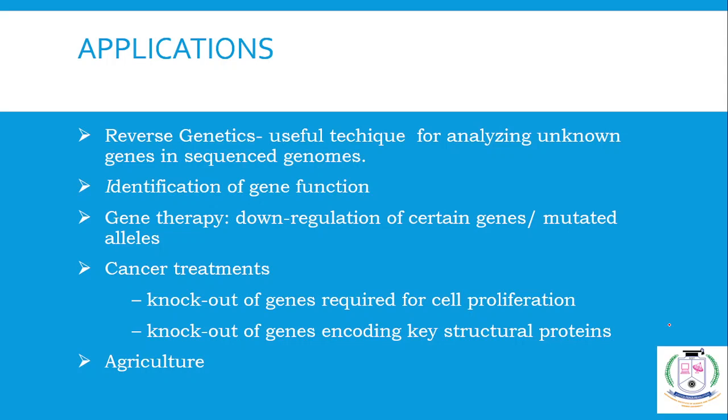For example, RNA interference can be utilized to delay fruit ripening, wherein you silence the gene which is essential for ripening of the fruit. This will extend the keeping quality of the transgenic product. So, these are the various applications.